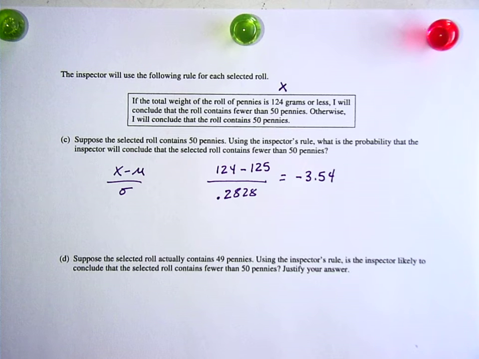What did I do wrong? Did I go backwards? High, low, 0, 1. I think that's right.